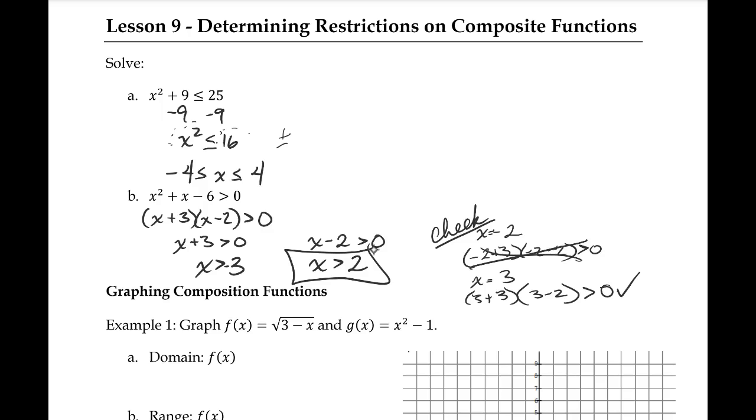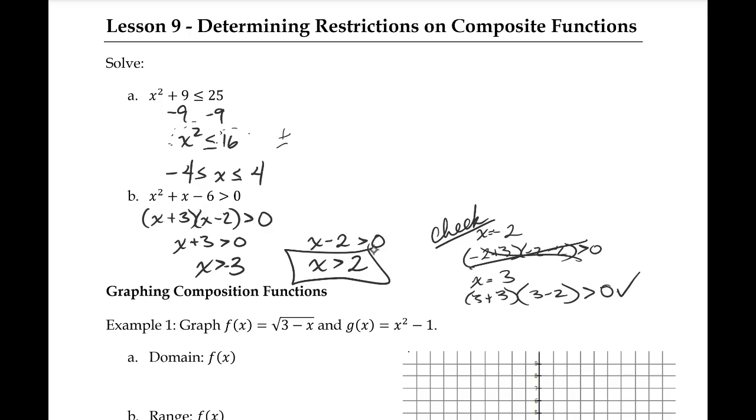So here, I couldn't just isolate x by moving my constants over onto the other side, so I had to actually factor and break it apart. So we had two options. We have x is greater than negative 3 or x is greater than 2. So in that case, only one of those can really be true. So I had to actually check it out.